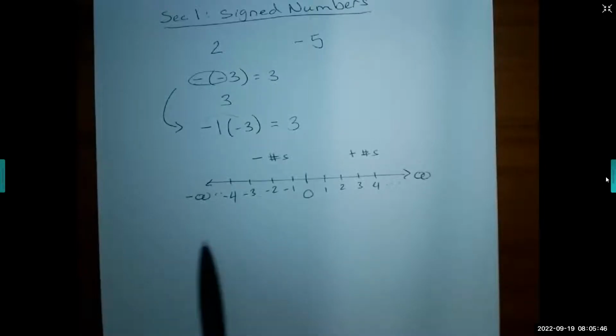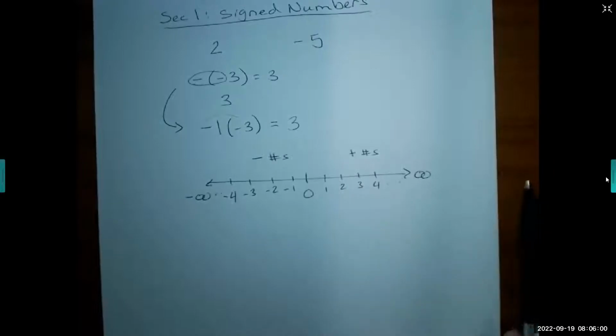Why are negatives to the left and positives to the right? What importance does that tell us? Yes, that's one thing. When we're going to the right, we're increasing numbers. We're going left, going down. Yes, that's true. And that has to do with the values, the size of the numbers.